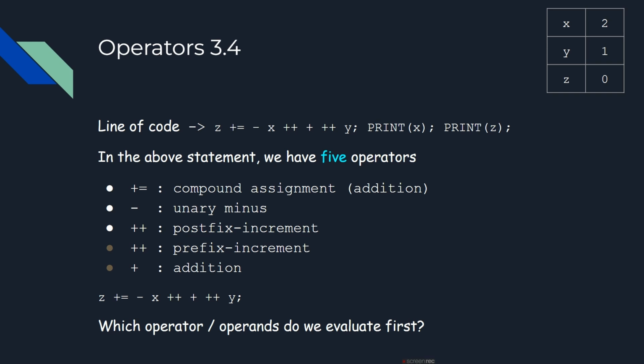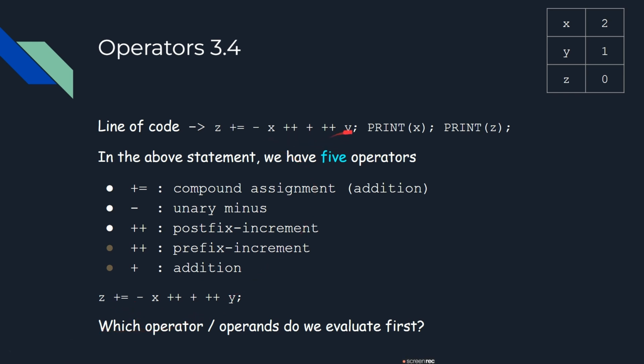Alright, operators 3.4. So once again, we got the line of code z += -x+++ ++y, followed by two print macro calls here. So in the above statement, we have 5 operators. We got the compound assignment, we have the unary minus, the postfix increment, which follows the x, the prefix increment, which is before the y, and the addition, which is in between those two.